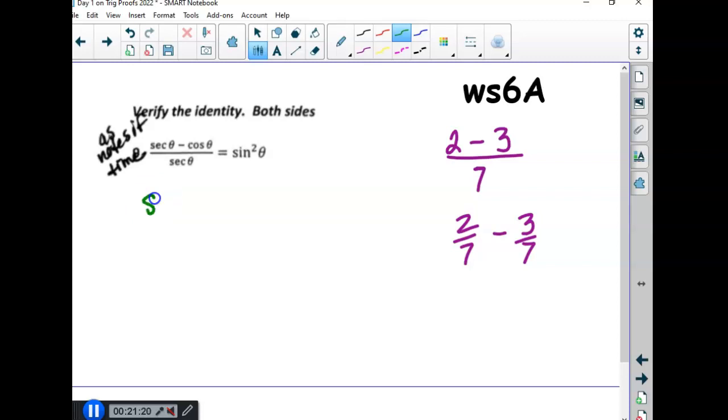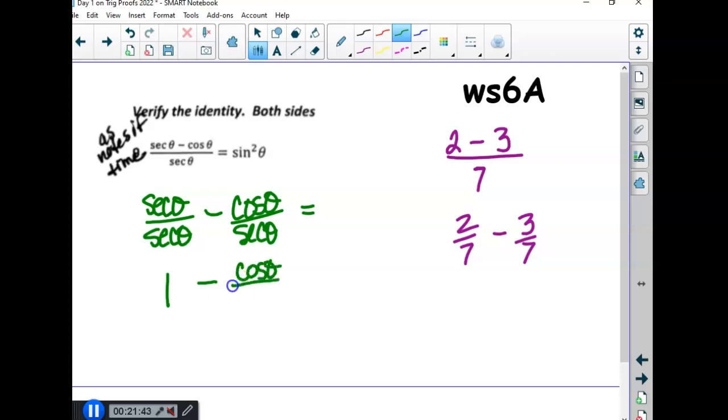You want to separate it? Okay. Secant over secant minus cosine over secant. Okay? Which gives us what right here? 1 minus, now you want to switch to sines and cosines?